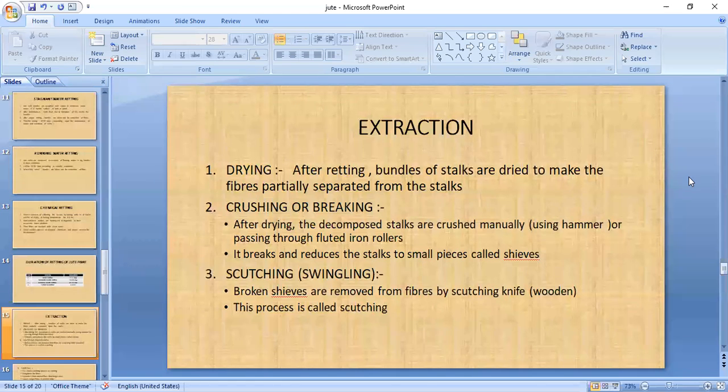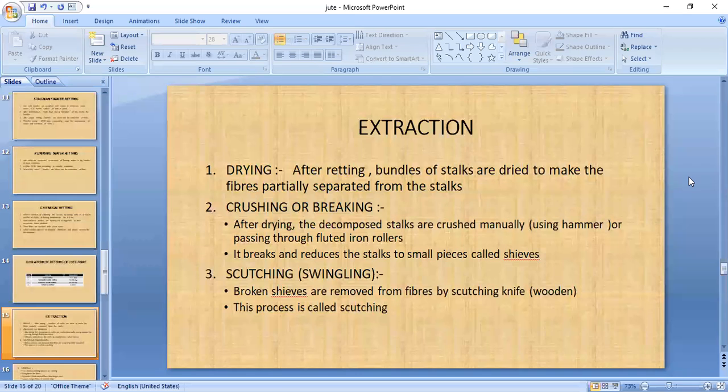So as we dry, automatically the fibers will partially separate from the stalk. Then we are using crushing and breaking. After drying, the decomposed stalks are crushed manually using hammer or passing through fluted iron rollers.